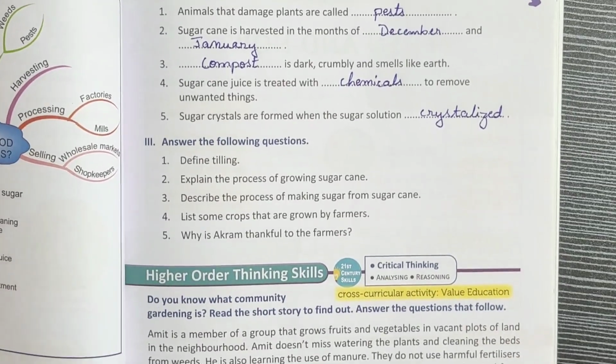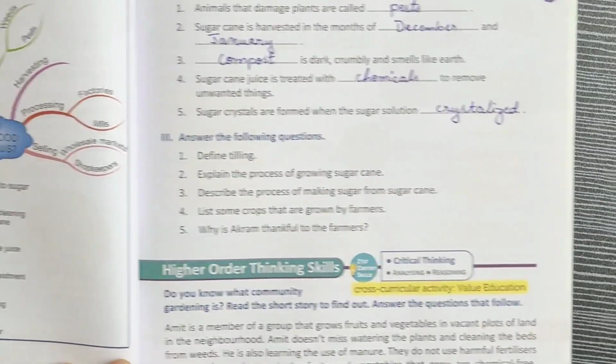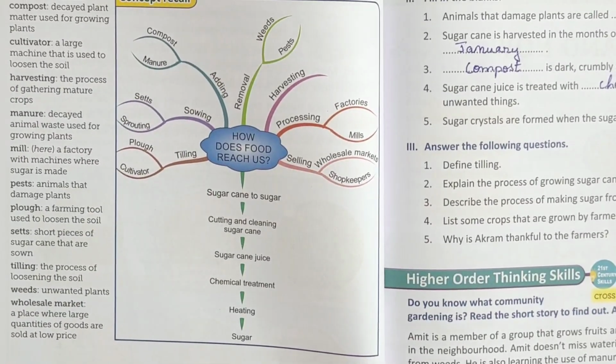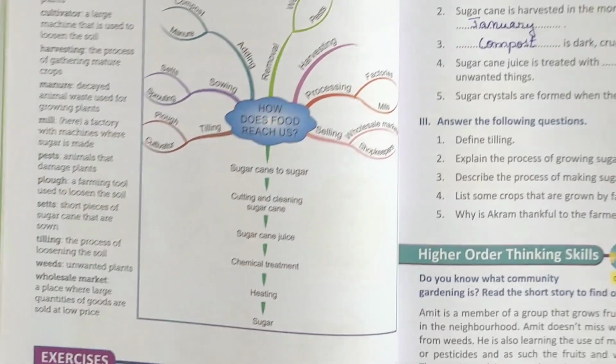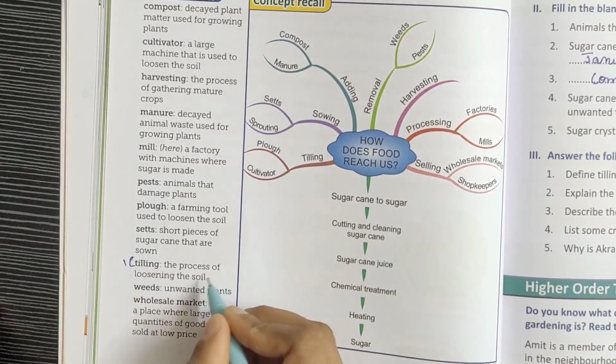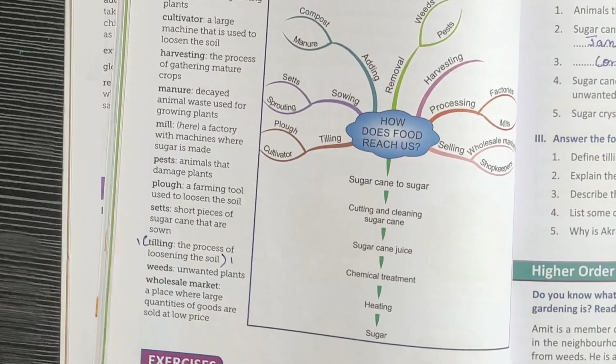Next, answer the following questions. Define tilling. So, tilling is the process of loosening the soil. Tilling is the process of loosening the soil.